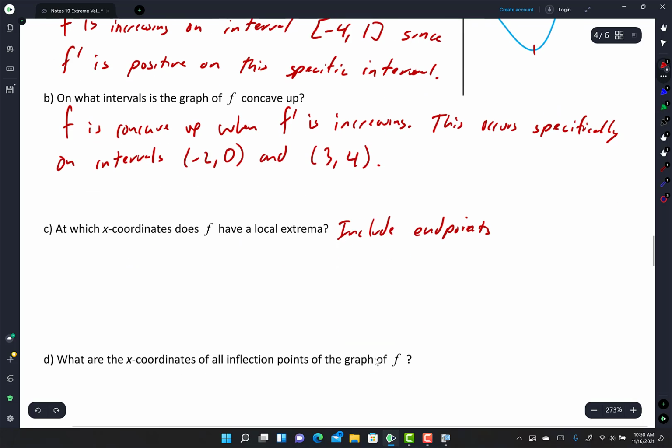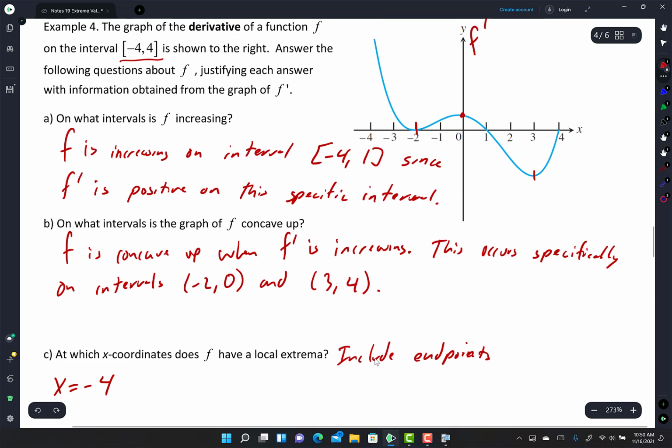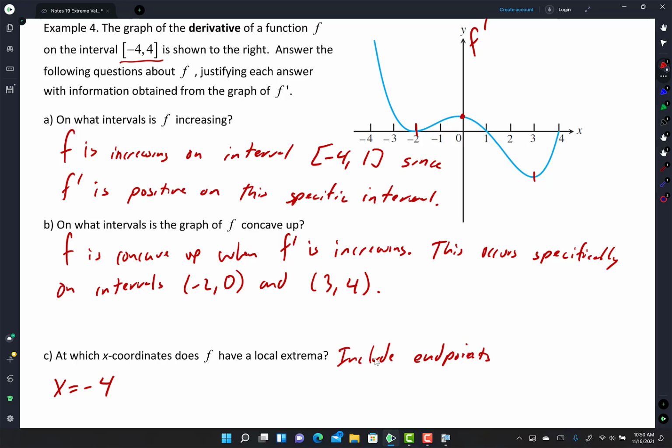So at x equals -4, does f have a local min, local max, or neither? Think about it for a little bit. This is f prime. At -4, is f prime positive or negative? Positive. So visualize it in your head.